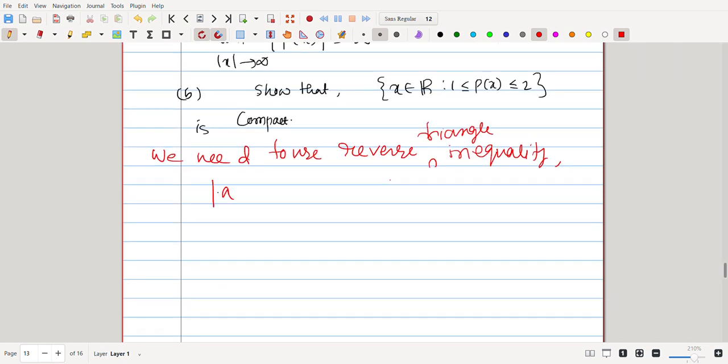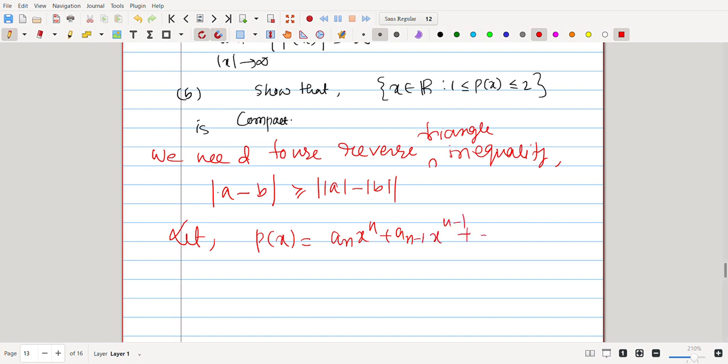What is that? This one. Let p(x) equal to a_n x to the n plus a_{n-1} x to the n minus 1 plus so on up to a_0, with a_n not equal to 0.